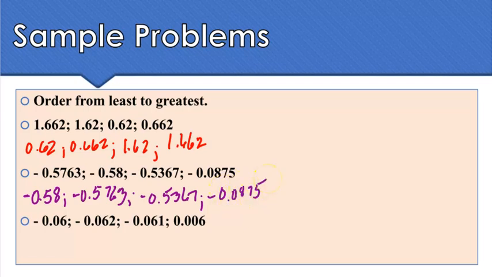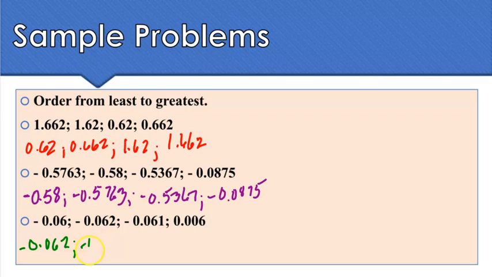And the biggest number would be negative 0.0875. And our last one: negative 0.06, negative 0.062, negative 0.061, and positive 0.006. So the smallest number would be one of the negatives, and it would be negative 0.062.